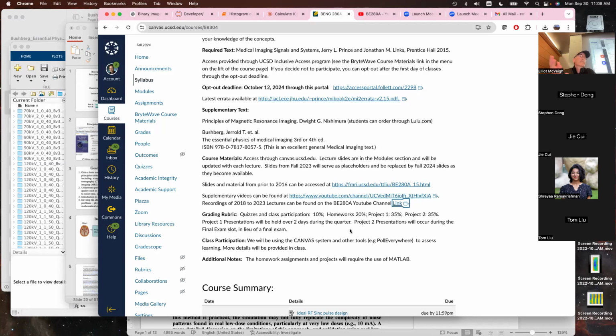So you build a simulation of some kind of imaging process, you tweak those parameters and show how it affects the quality of the image, the speed, etc. And so that requires a knowledge of Python or MATLAB. MATLAB is required to do some of the homeworks, right? If you have never done MATLAB, that is absolutely not a problem, okay?